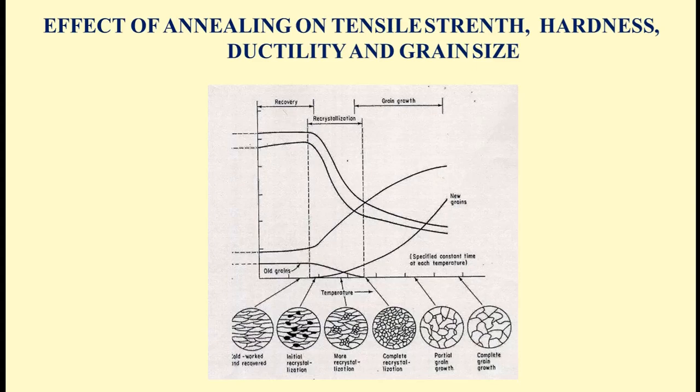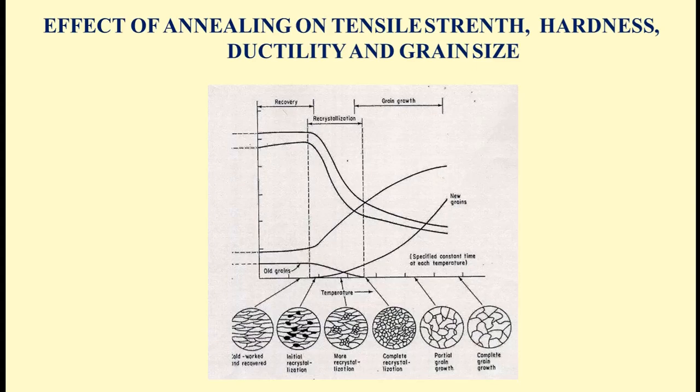On the left hand side, the vertical line is indicating the temperature, and the bottom line is also the temperature variant. Over here we can see that recovery happens at a relatively lower temperature region, recrystallization at medium temperature, and grain growth in the higher temperature region with respect to time.